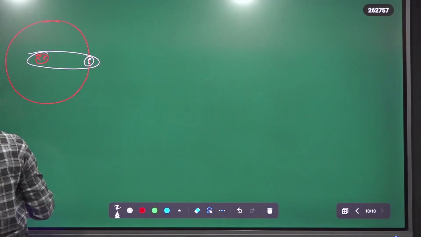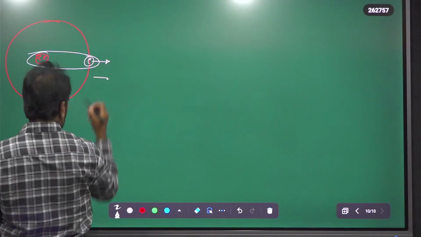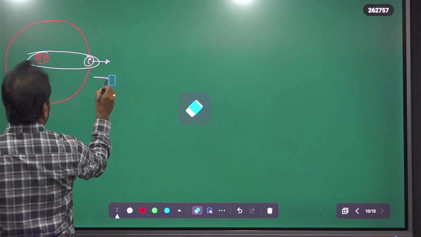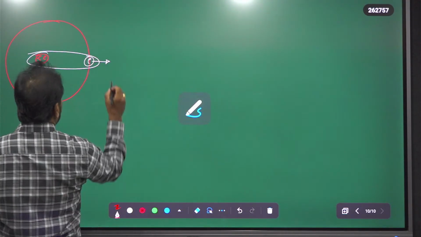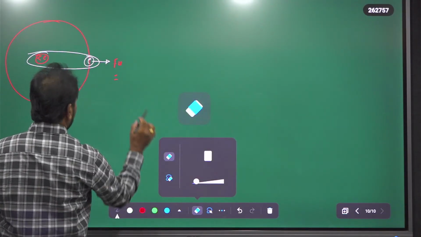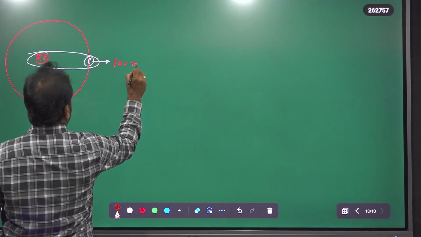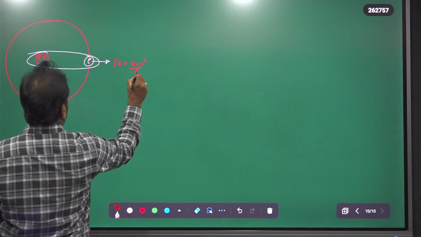Away from this, a centrifugal force acts: Fc is equal to mv square upon r.